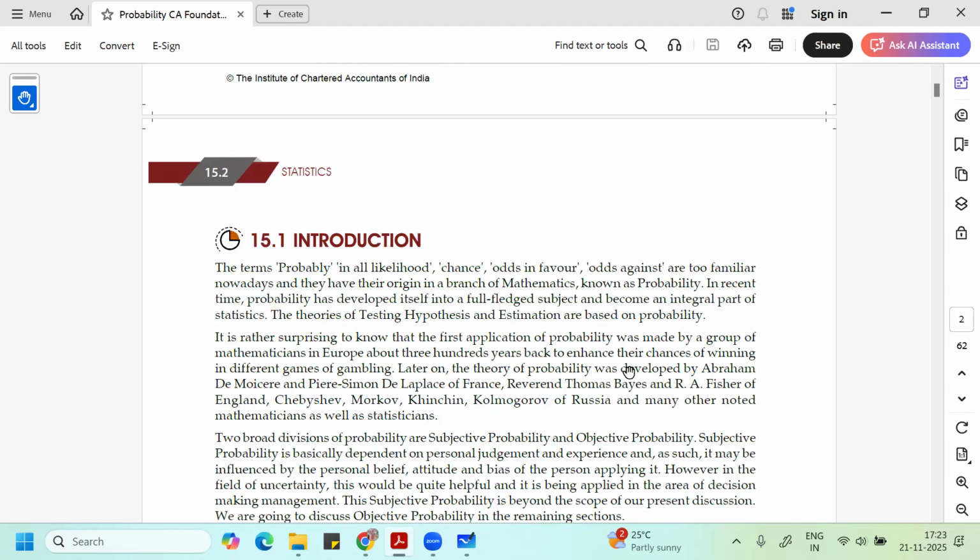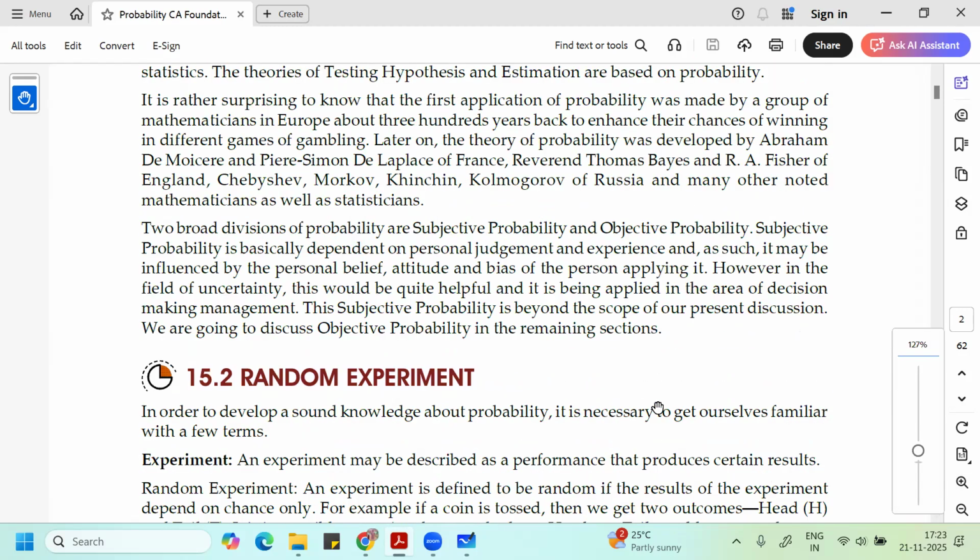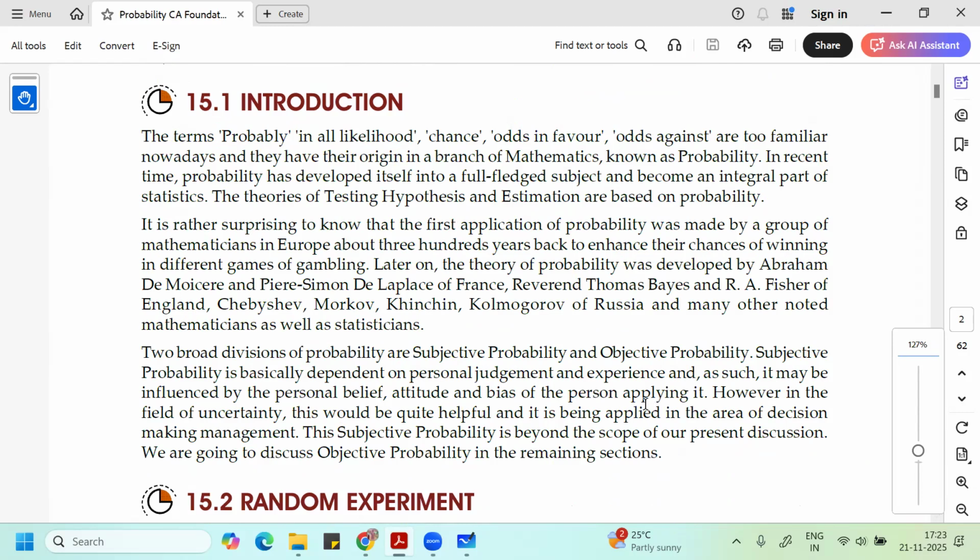I assume that the basic concepts of permutation and combination are clear in your mind. If you are not very sure about the concepts of permutation and combination, then it would be difficult for you to solve the numericals on probability. The terms probably, in all likelihood, chances, odds in favor, odds against are too familiar nowadays, and they have their origin in the branch of mathematics known as probability.